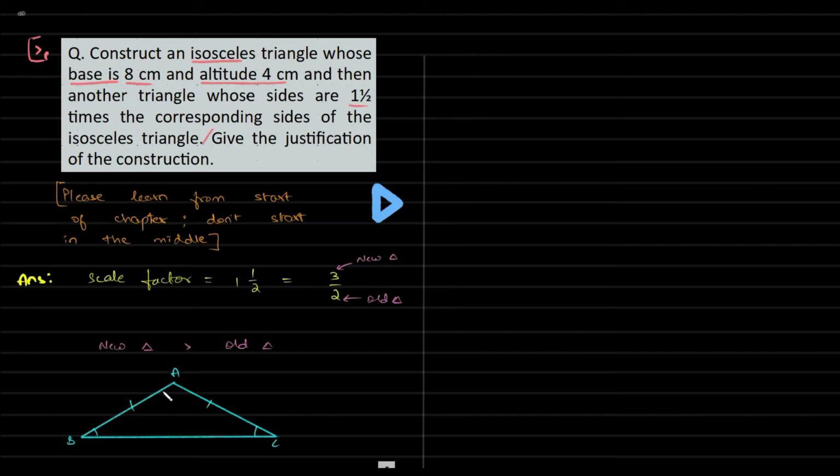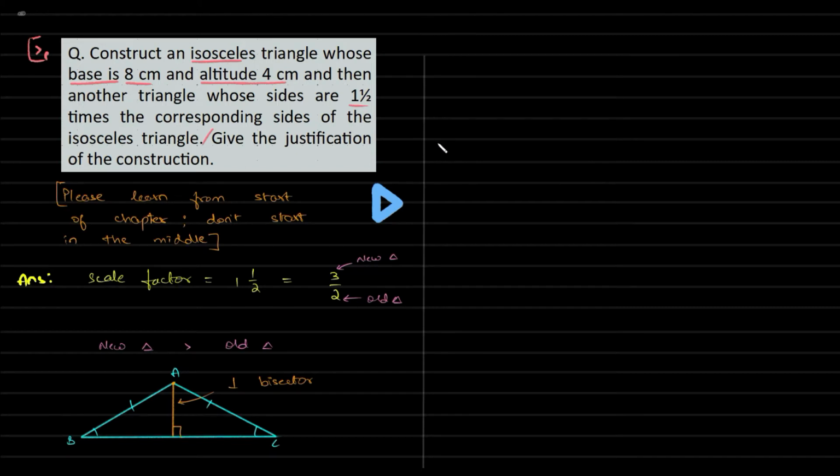There's one more property, that from the vertex containing the equal sides, like in this case point A, from A if we drop a perpendicular line, it will bisect the base. It will cut the base into 2 equal halves. So basically point A will be on a perpendicular bisector. So this is a perpendicular bisector, right? So these are your initial things that we need to know.